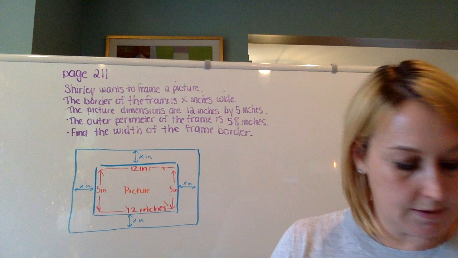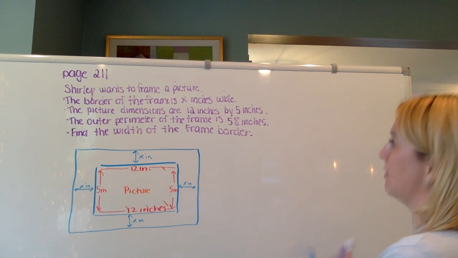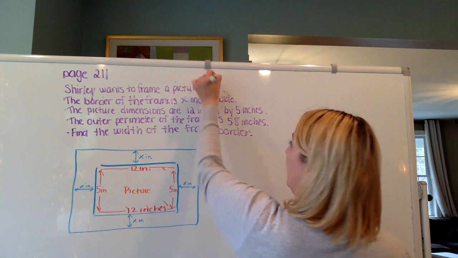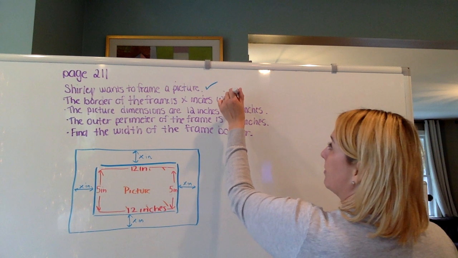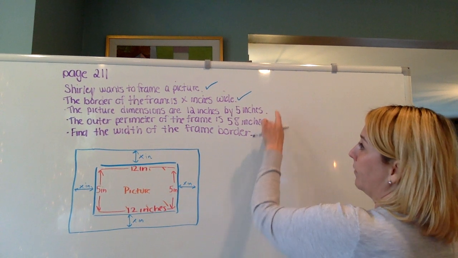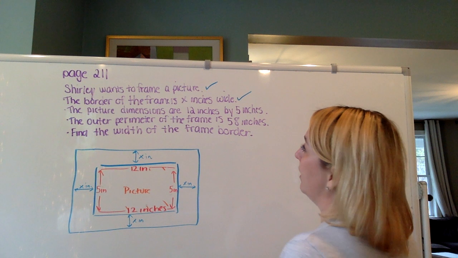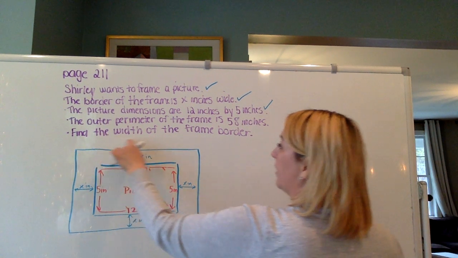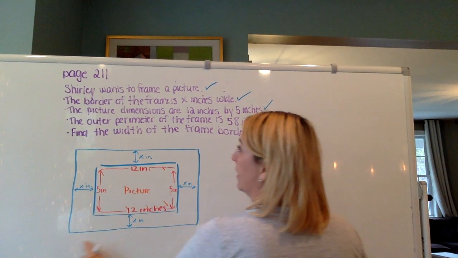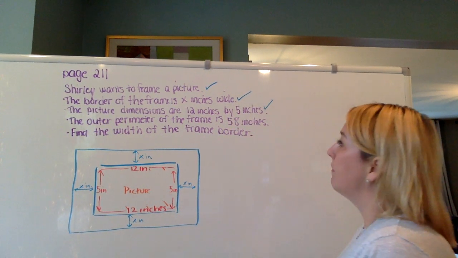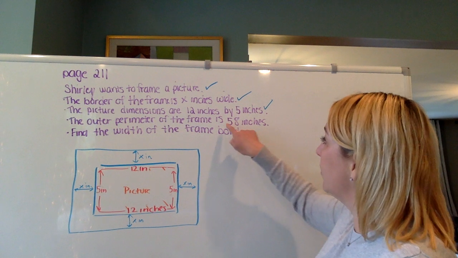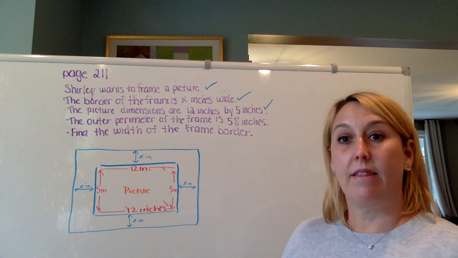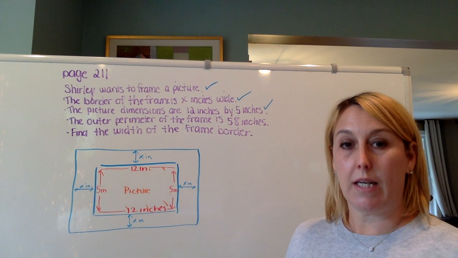So I'm kind of just organizing my information. I've got the picture, I've drawn it out. I've got that the border of the frame is X inches wide, that the picture dimensions are 12 by 5, and that the outer perimeter is 58 inches. So remember when we see "is" in math, that gives us our equals, right? Is equal to.